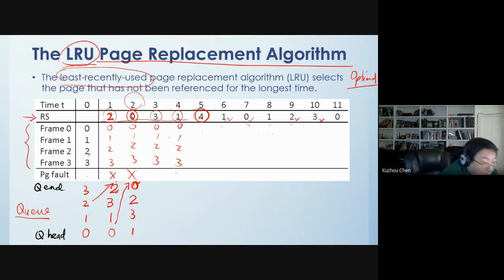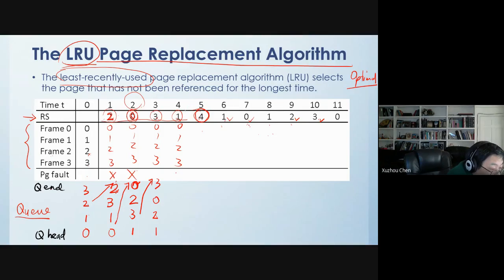Okay. Again, page 3 is referenced, which is also in the queue. So I can put page 3 back. And 1 is still here, and I push 2 forward, push 0 forward. And now 3 was recently referenced, so I put 3 on the tail. Okay.